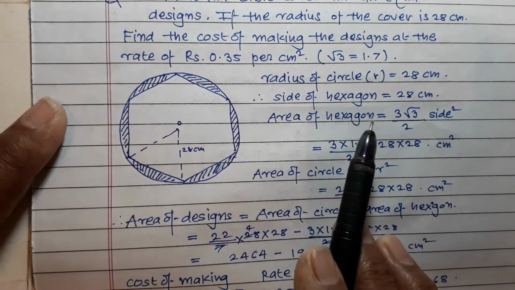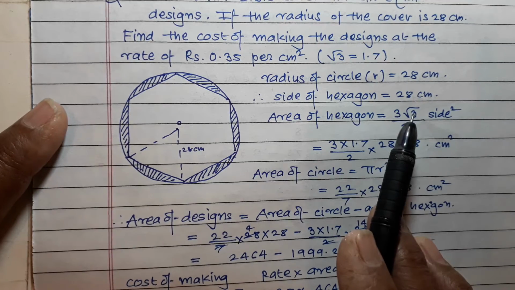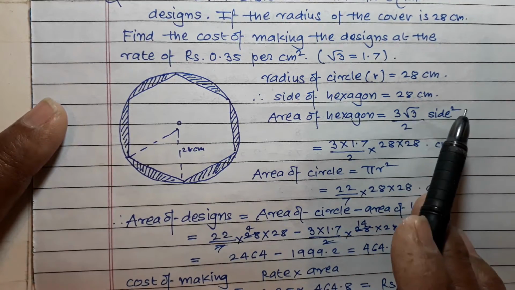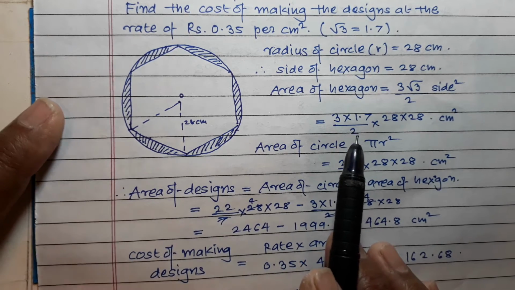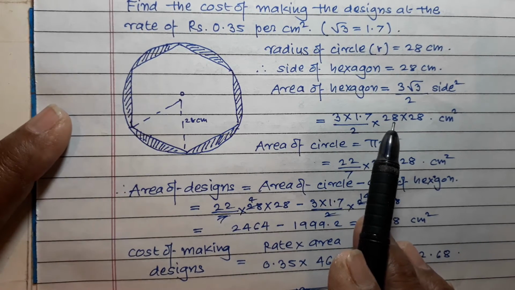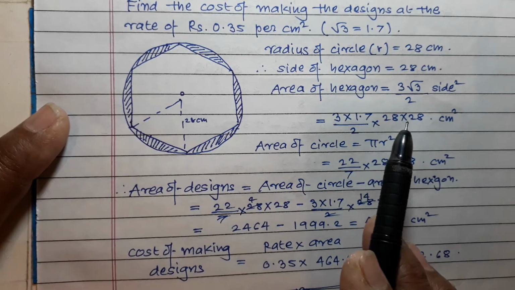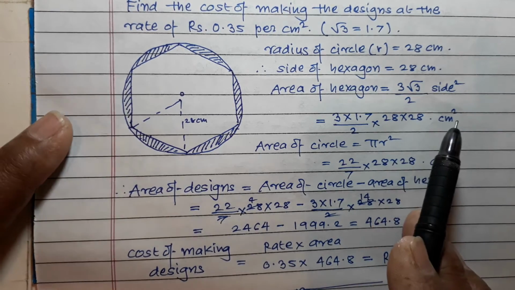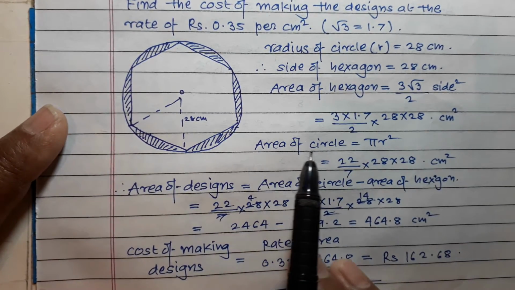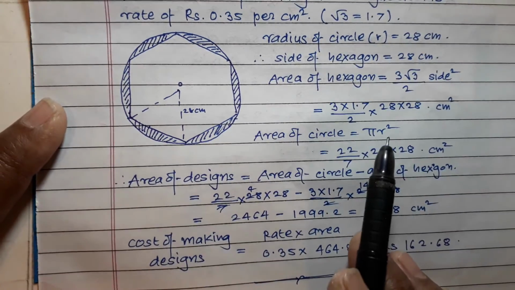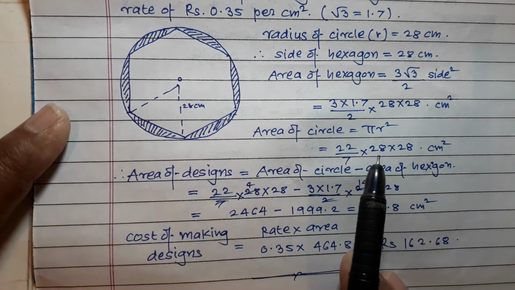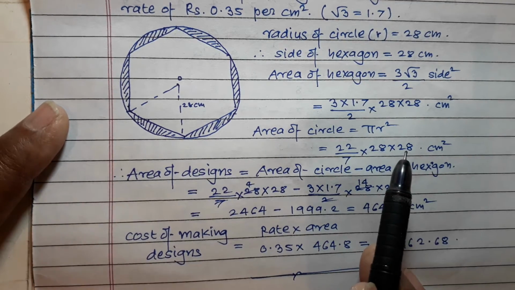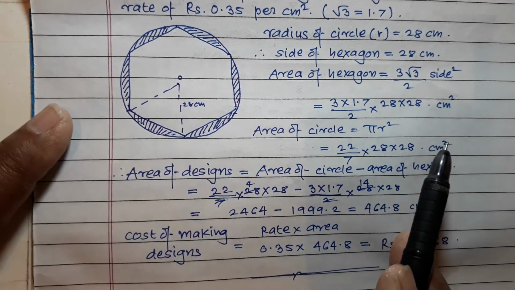Area of hexagon is equal to 3 into root 3 upon 2 into side square, so it is equal to 3 into 1.7 upon 2 into 28 into 28 cm square. So area of circle is equal to pi r square, 22 upon 7 into 28 into 28 cm square.